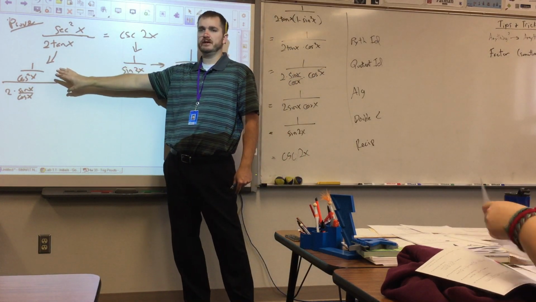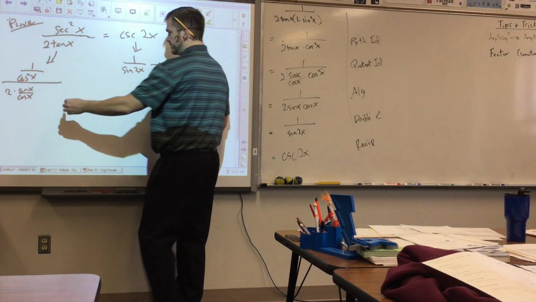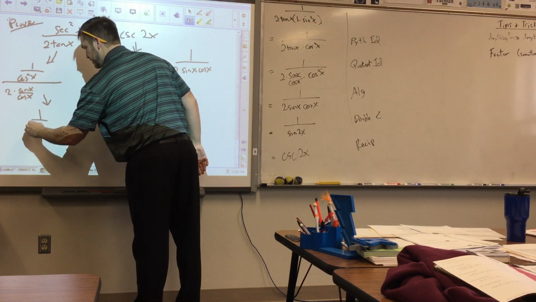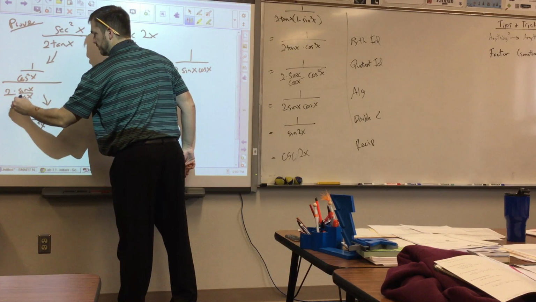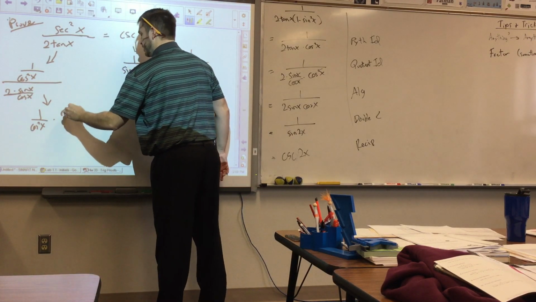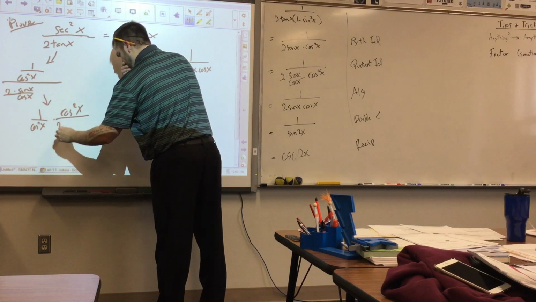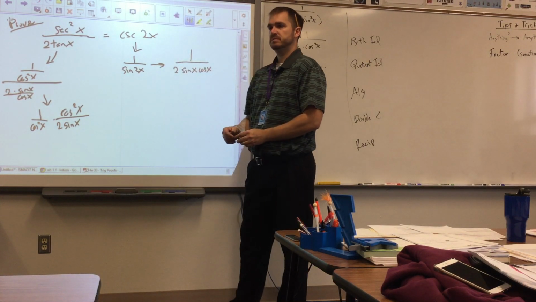Oh no, what do I do now? Fraction of fractions. Multiply by the reciprocal. So this is going to turn into 1 over cosine squared x times, we'll put that 2 in the numerator there, cosine x divided by 2 sine x.